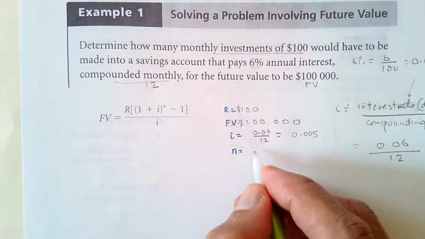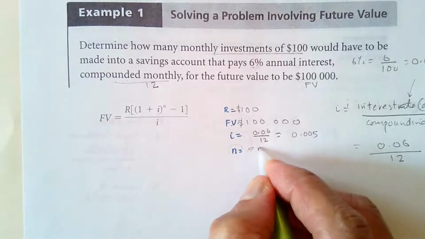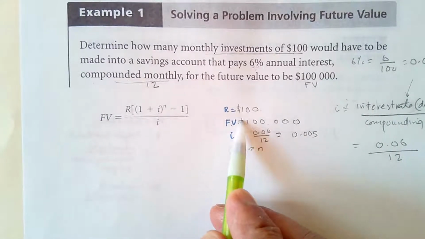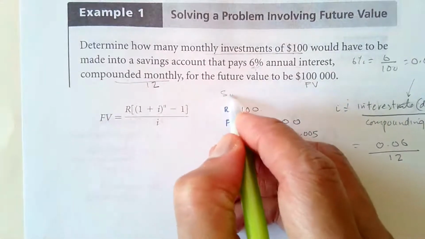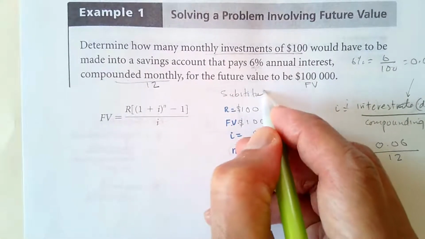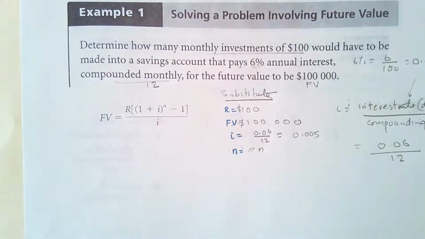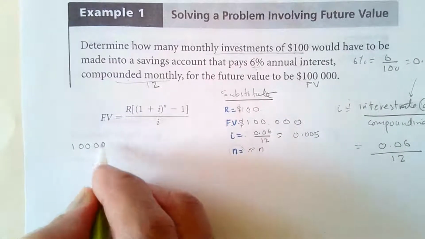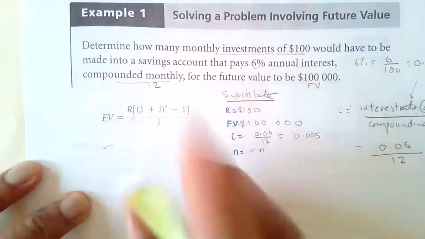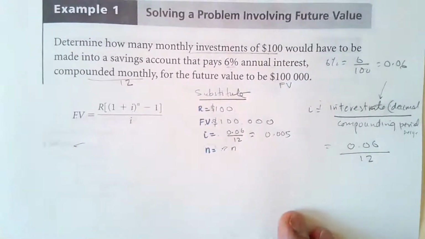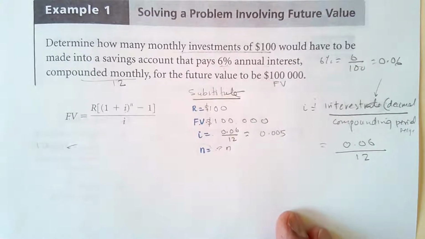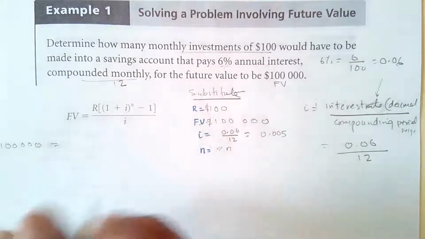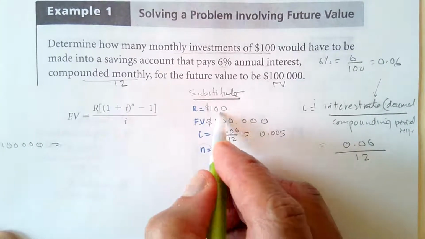Now n, we don't know, so we'll leave it as n. We need to find that. Now we will substitute all of these values into the formula. FV is 100,000, R is 100.